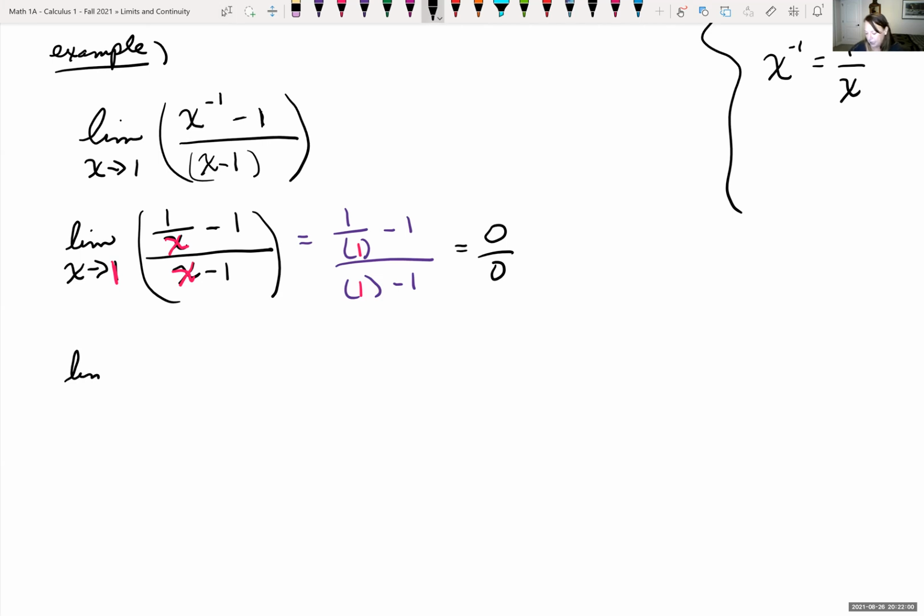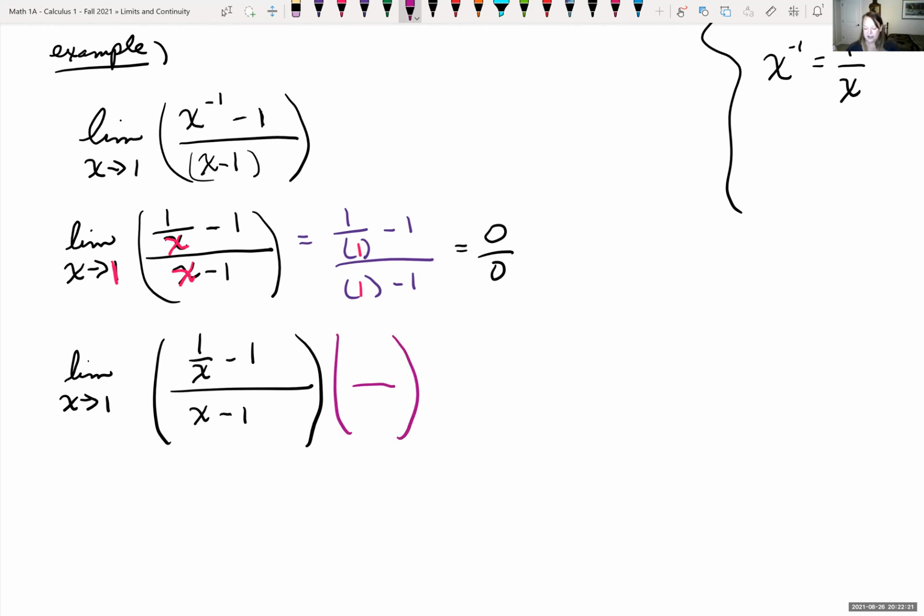Personally, the method I tend to prefer is clearing the fractions within the fraction by looking at the LCD, the least common denominator of all the fractions within, and multiplying by a fancy 1.